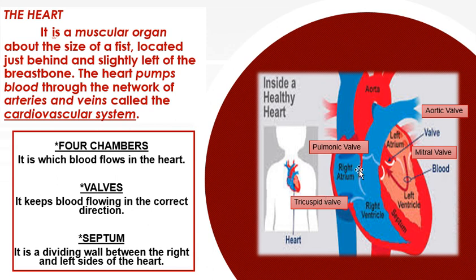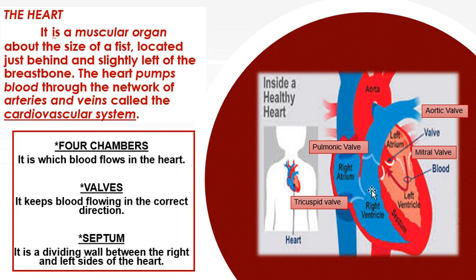Now, in here naa tay upat ka buok nga types of valves. So naa tay tricuspid valve. Kaning tricuspid valve mao na siya ang boundary or door sa right atrium and sa right ventricle. Naa pod tay pulmonic valve.